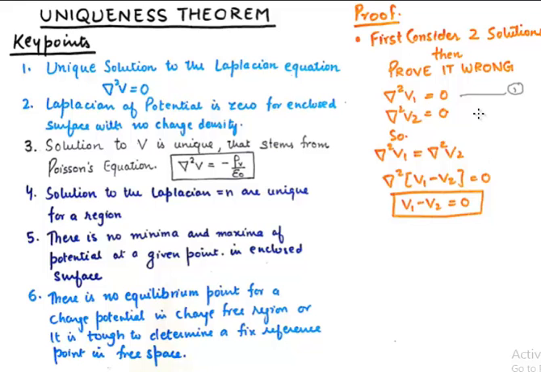Del square V1 is equal to 0, del square V2 is equal to 0. So from these two we get del square V1 is equal to del square V2, and taking this on the left hand side gives me del square of V1 minus V2 equal to 0. This can only happen if V1 minus V2 is 0, or V1 is equal to V2 is equal to V. So that gives me the unique solution to this equation.